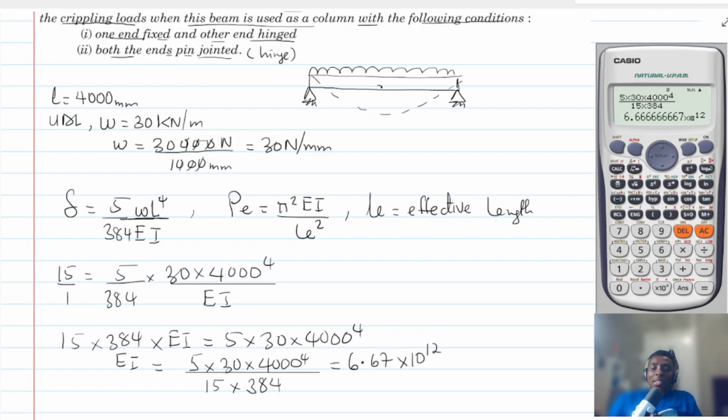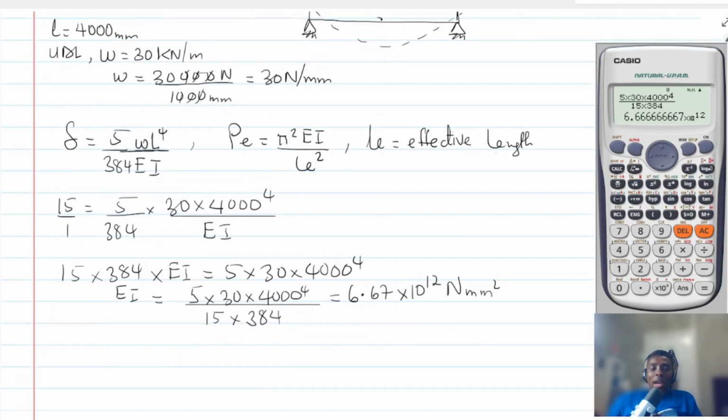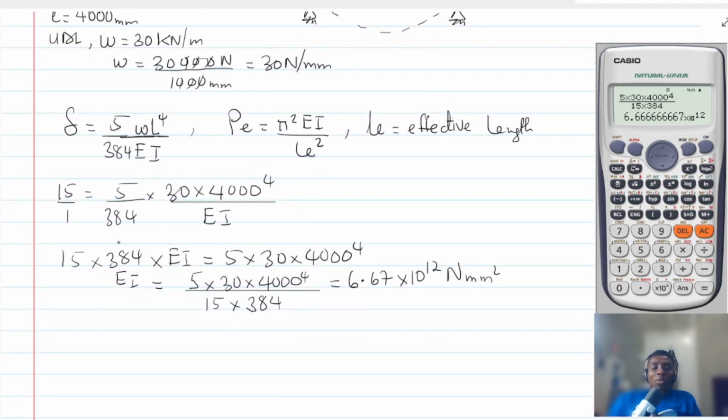So essentially, EI is called the flexural rigidity, or sometimes the stiffness of the beam. The unit is newton millimeter squared. Now that I have EI, I can go ahead and find the Euler load.